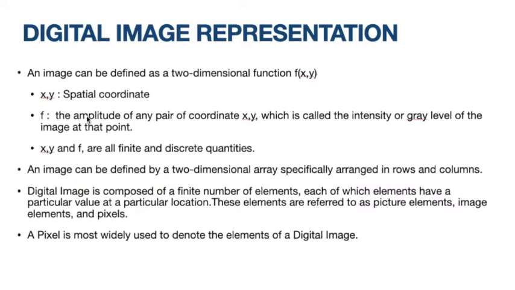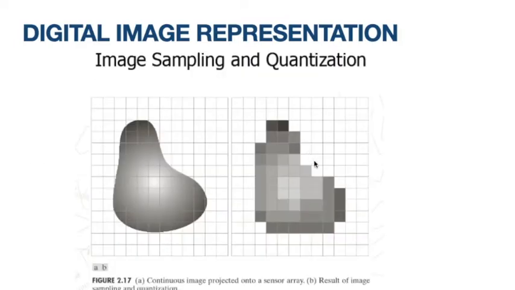Okay, and the digital image is composed of a finite number of elements, each of which has a particular value at a particular location, and these elements are referred to as picture elements, image elements, or pixels. That means in this image, which is converted using image sampling and quantization, each of these positions are the elements.